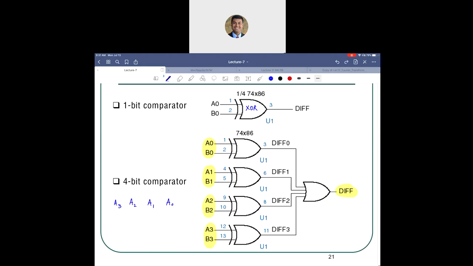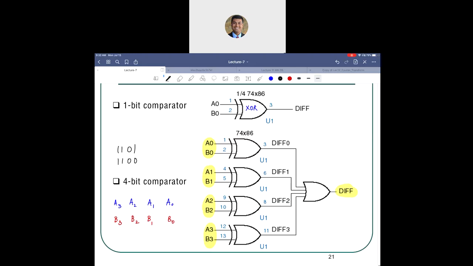Let's see. B3, B2, B1, and B0. So how would you know whether these are 2 different numbers? So you can associate numbers with them, right? Like you can say this is like 1101 with 1100, right? That's what we are talking about when we talk about A3, A2, and so on.